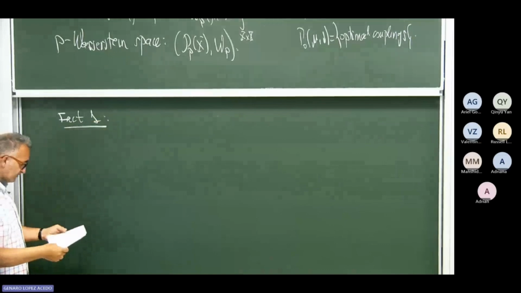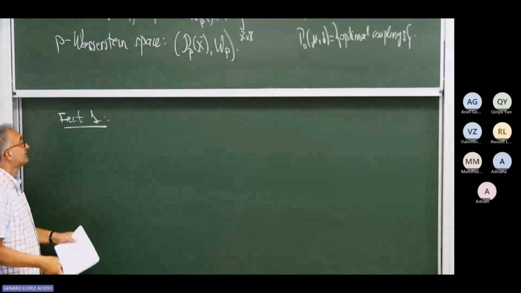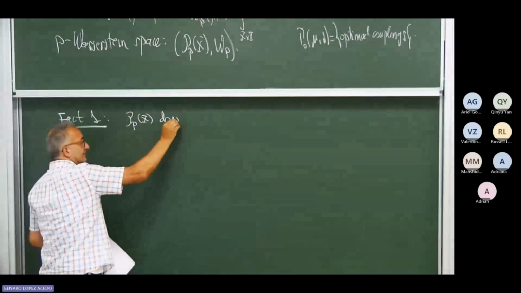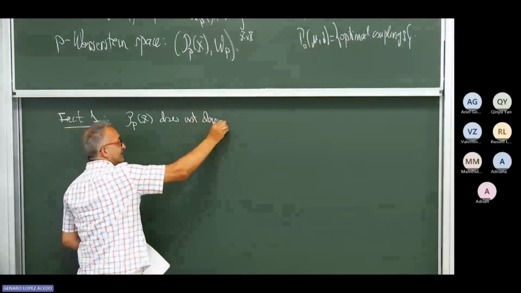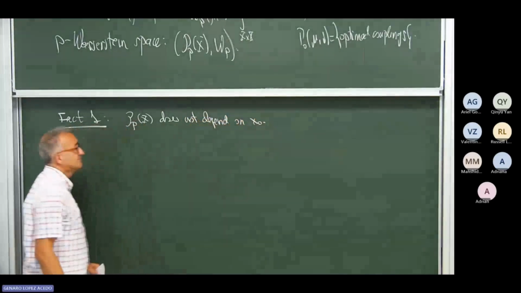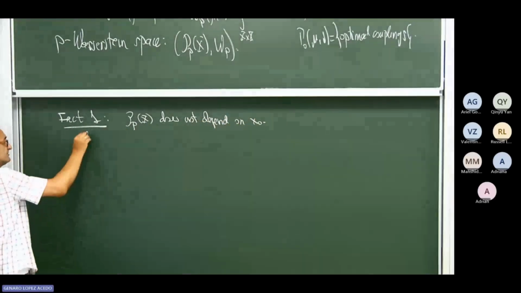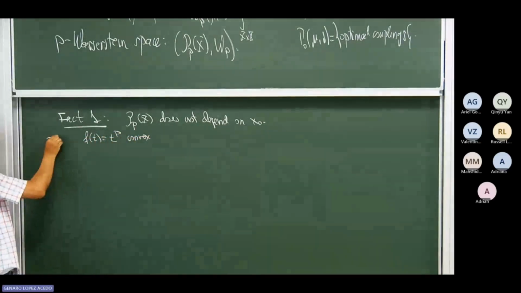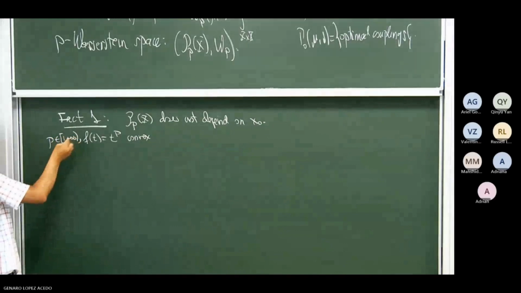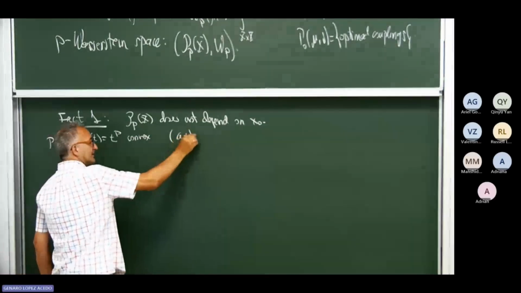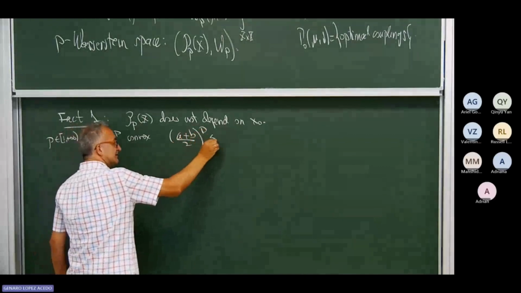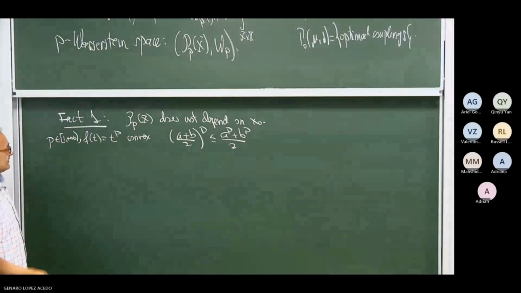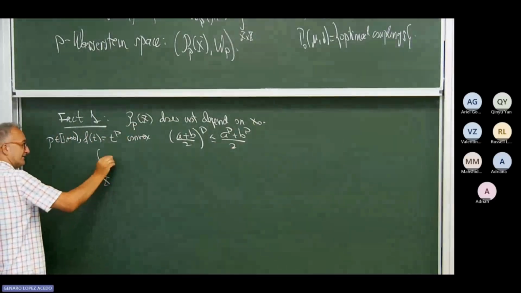This is something that we already said last week: P_p(X) does not depend on x0. That's very simple because the function f(t) equal to t to the p is convex. And so we have that (a+b)^p is at most 2^(p-1) times (a^p + b^p).